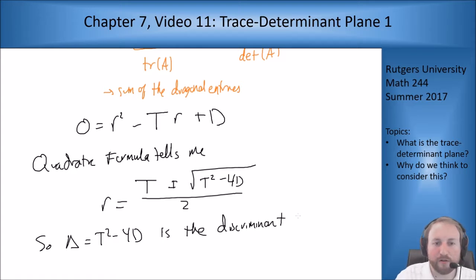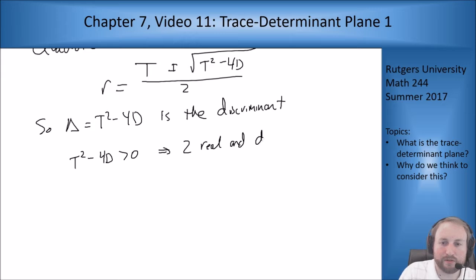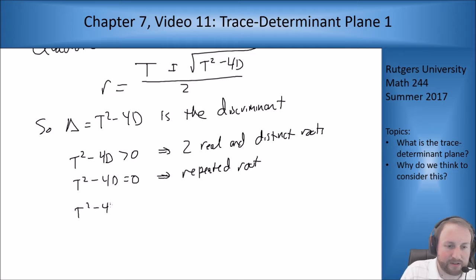And what we know from quadratic equations is that T squared minus 4D bigger than 0 means I have two real and distinct roots. T squared minus 4D equals 0 means I have a repeated root. And T squared minus 4D less than 0 means I have complex roots.